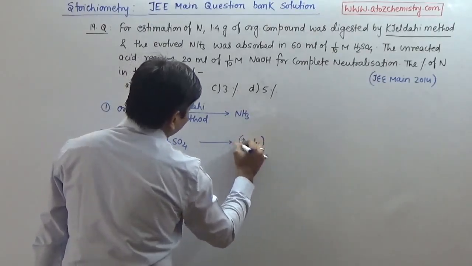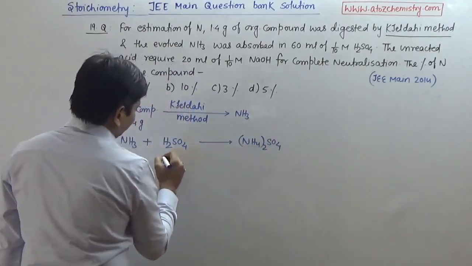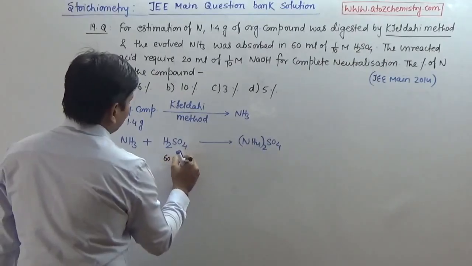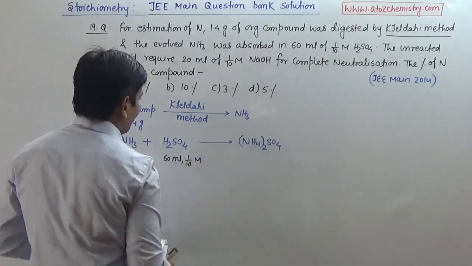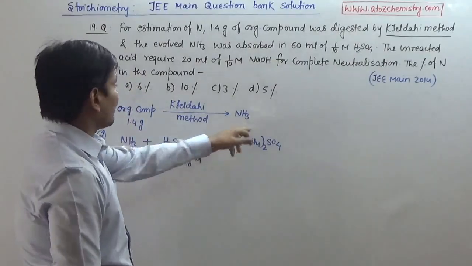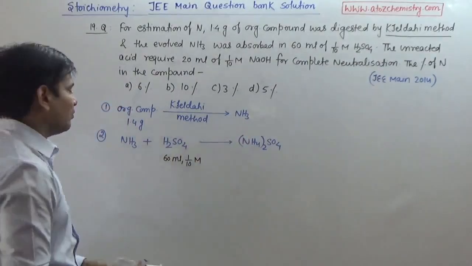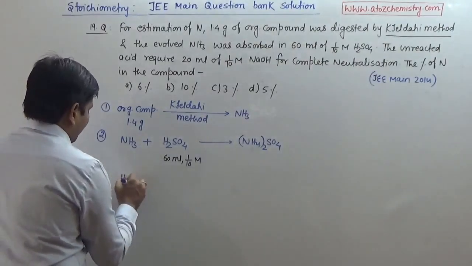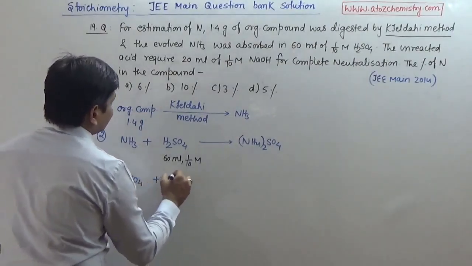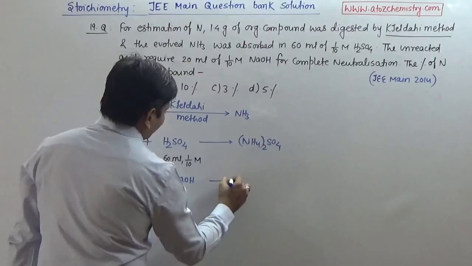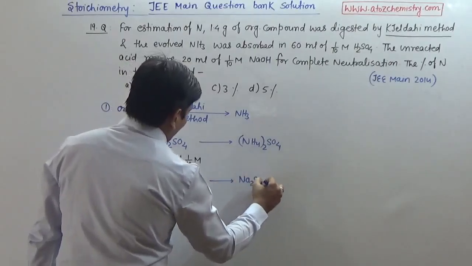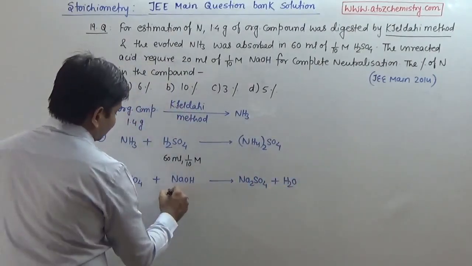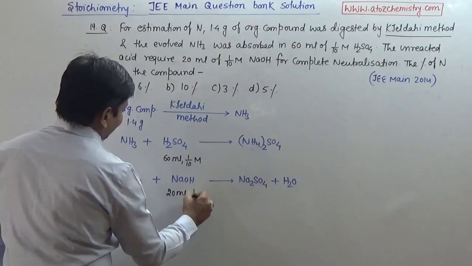Ammonium sulfate will be formed, and the quantity used was 60 milliliter of 1/10 M. The ammonia produced in 1 was reacted with 60 milliliter of 1/10 M H2SO4. In the third step, the unreacted H2SO4 was treated with NaOH to give Na2SO4 plus water, and this is 20 milliliter of 1/10 M.